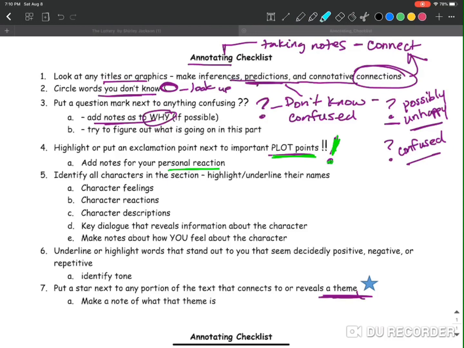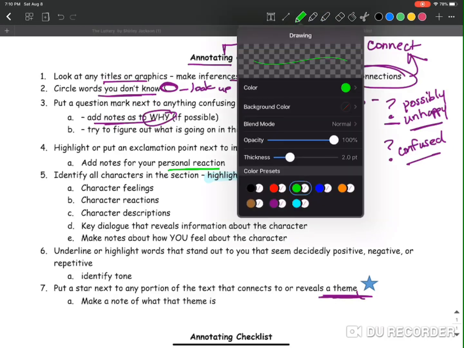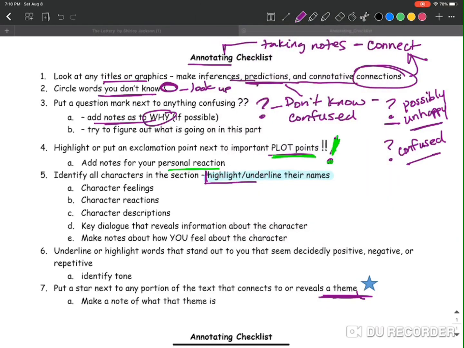Now, as with the plot points being in different highlighting color, it is a very good idea to highlight characters in a different color. And I like to go so far as to underline their name. Now, I keep the underlining in the same color as all my notes, but I definitely want, or block off really, I definitely want their name to stand out, because when characters are very first introduced, a lot of things occur.